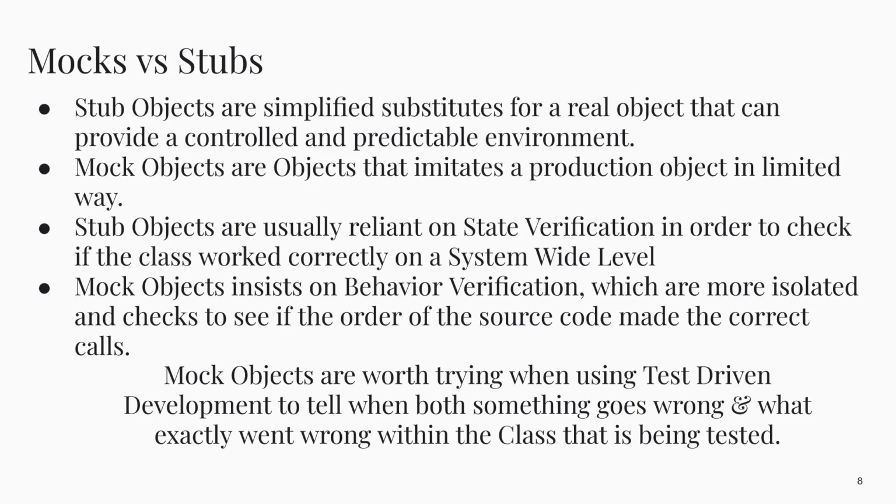Now, stub objects are usually reliant on state verification in order to check if the class worked correctly on a system-wide level. And state verification is basically a verification of whether the class itself or the code itself worked as intended on a system-wide level.